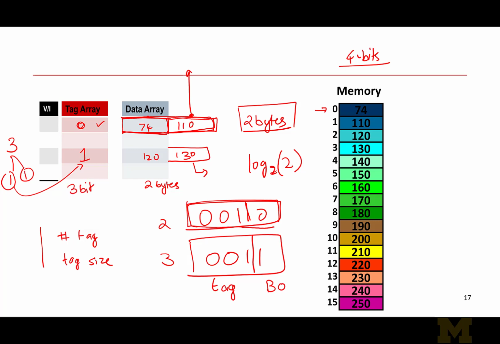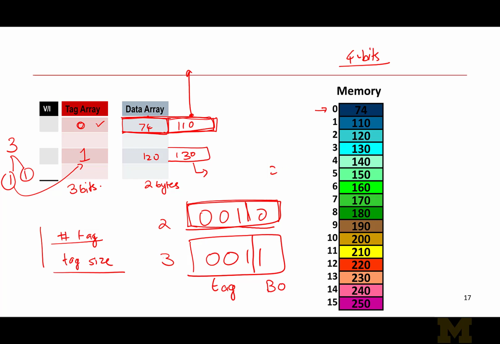So for 3 bits I'm able to store 16 bits worth of information. So now the ratio is 3:16, which is much better than what we started off with originally. Okay. So I managed to reduce the number of tags, and I managed to reduce the tag size.